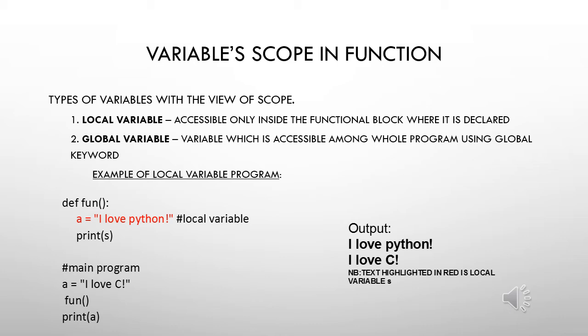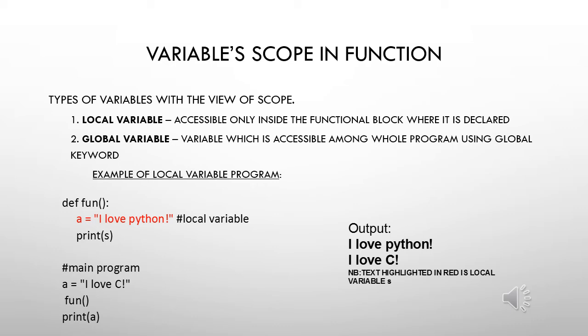So let's take an example and see how local variables work. In the function definition, we name the function as fun and we declare a variable a and assign it the string I love Python, and we print this when the function is called from the main program. In the main program, we assign a variable a, which is I love C. In the next line, we call the function and we get the result as I love Python, since it is in our function body.